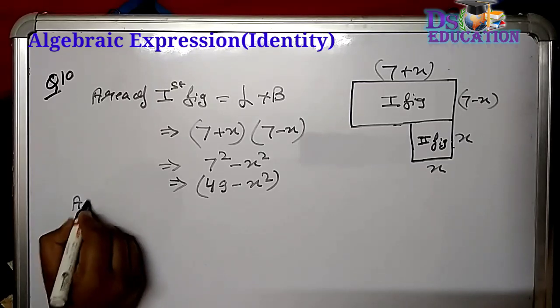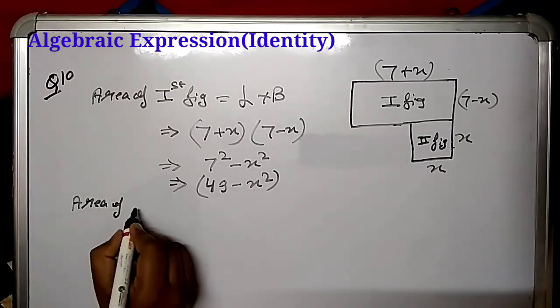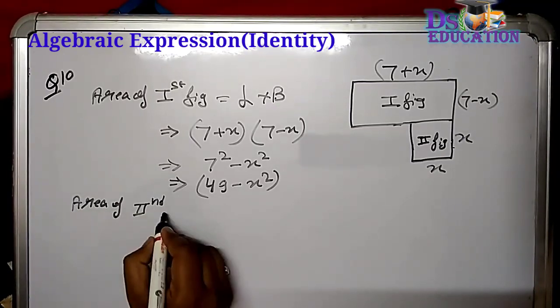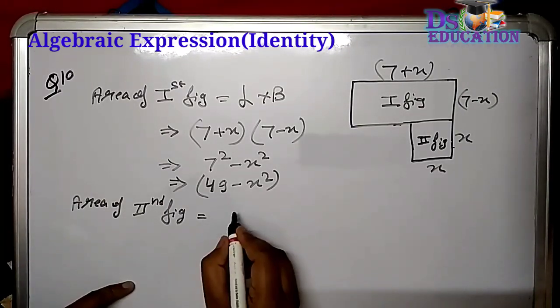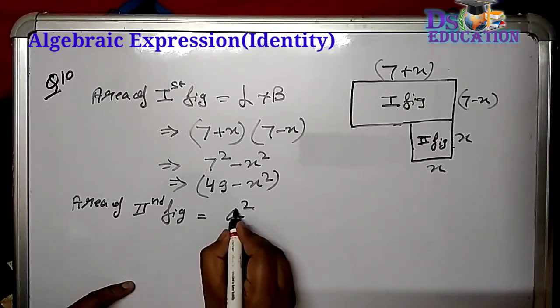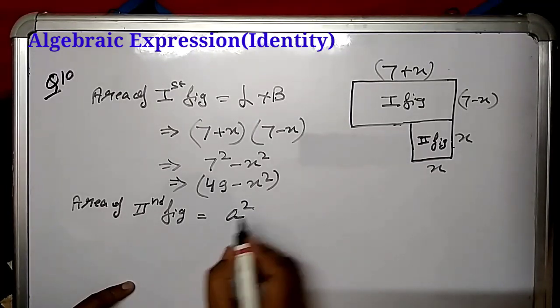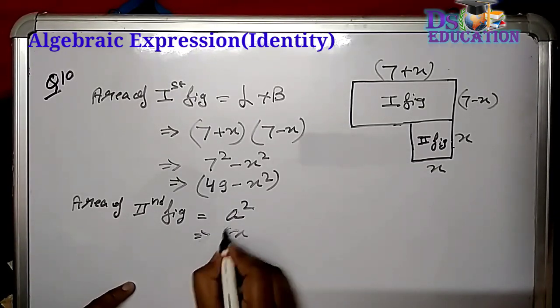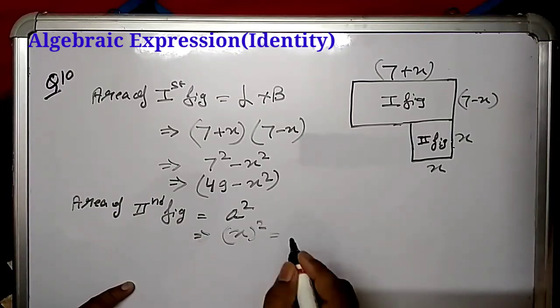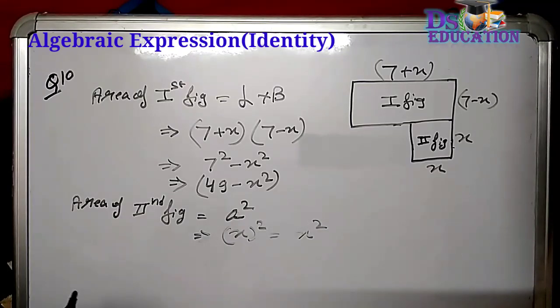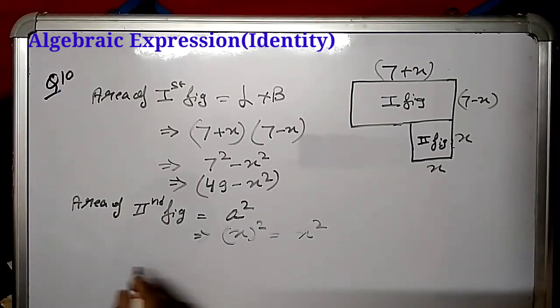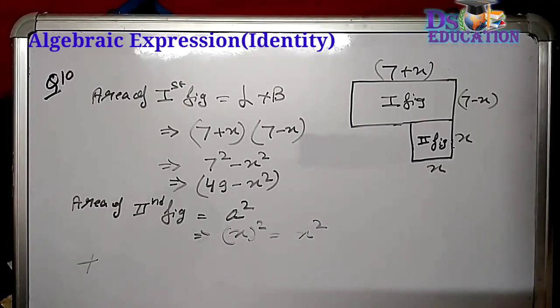Now again we will write area of second figure. Area of second figure is equal to, now it's a square, so it will be a square, that is x whole square. To answer, you will get the figure as x square. Clear? Now the total area. Now what will be the area?